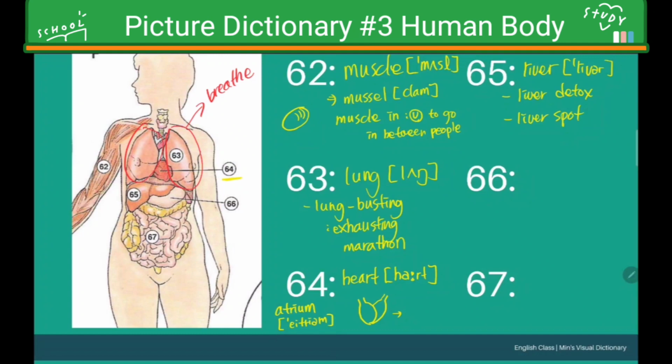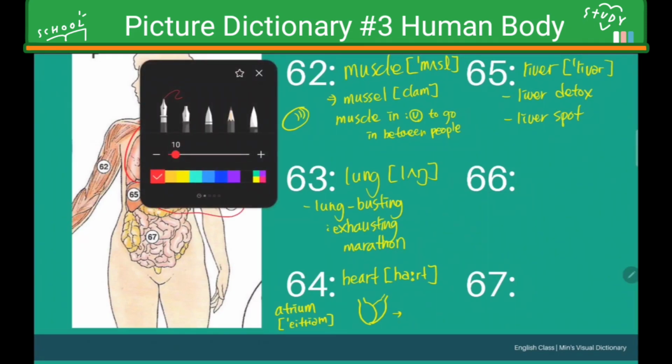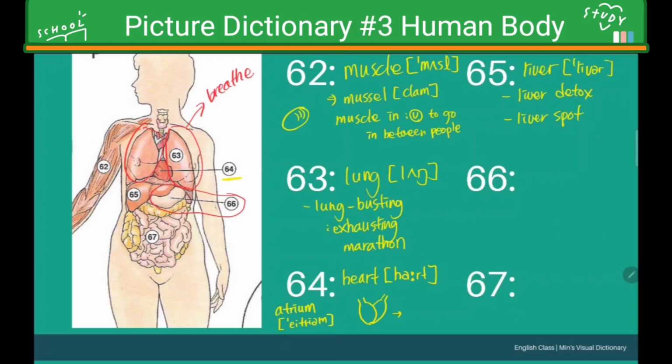And number 66 is this part. This part is connected to our mouth, and this is where our food goes when it enters our system.